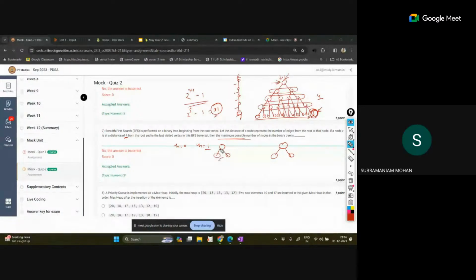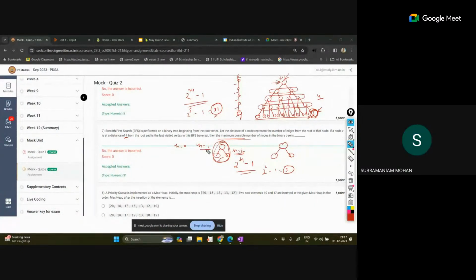There is only one path, and you can see how many nodes are coming in the path. 2 nodes are coming, so we can define h equals 2 for this. Based on this you can generate the formula. If h equals 2, you have 3 nodes, so you can define 2 to the power h minus 1. So 2 to the power 2 minus 1, you will get 3.